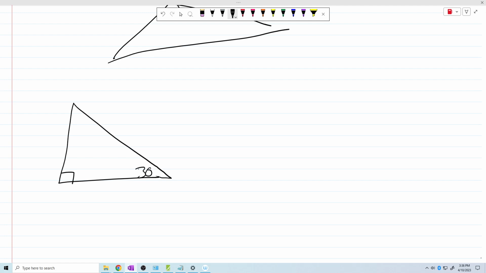And this, we don't know what it is. So by what I just said, x, that's one of those angles, plus 30, plus this 90, we're saying it equals 180 degrees.